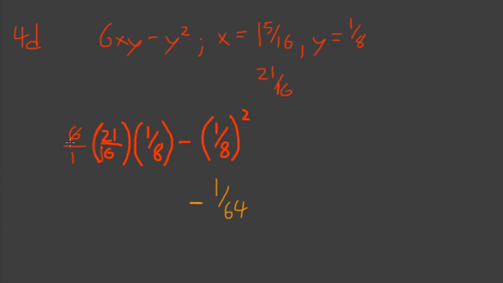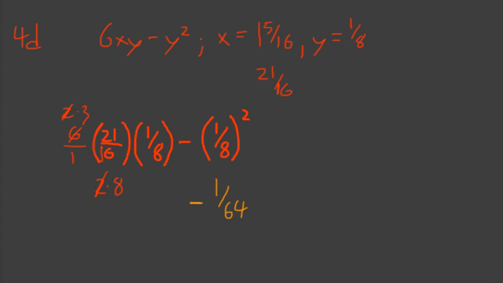So this 6 can be rewritten as 2 times 3, and this 16 can be written as 2 times 8, which I like because that allows me to cancel out this 2 and this 2. Then what we have on top is a 3, a 21, and a 1, and on the bottom is 8 and another 8, because we're multiplying these.